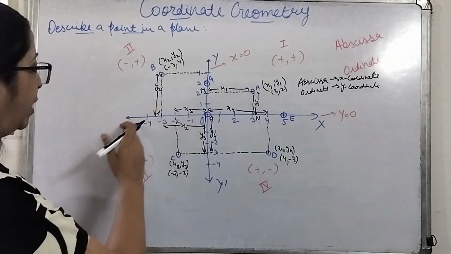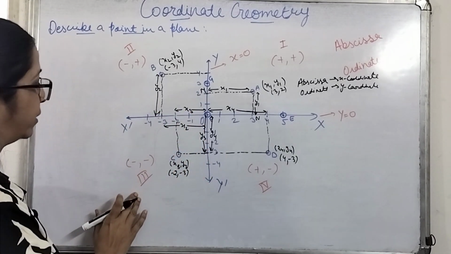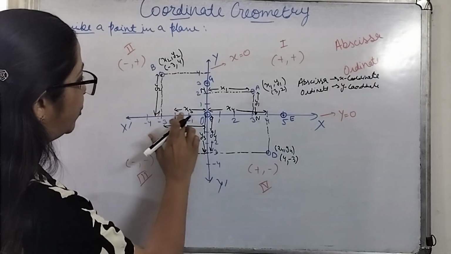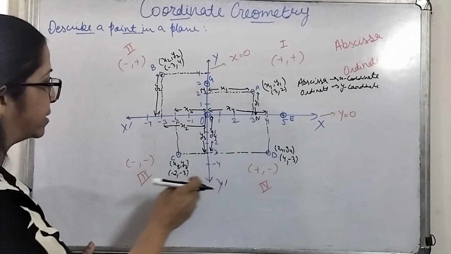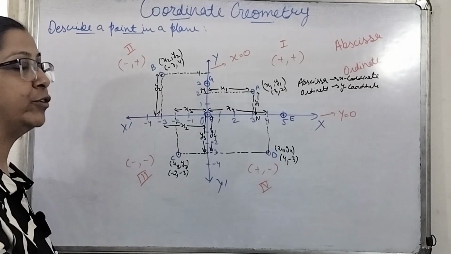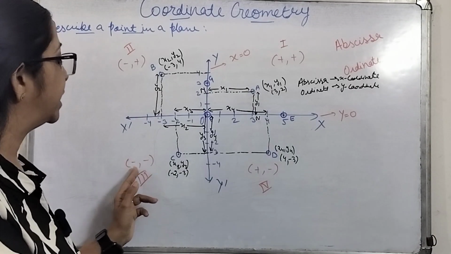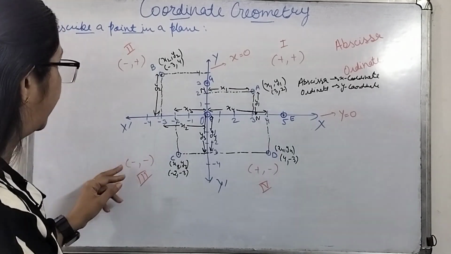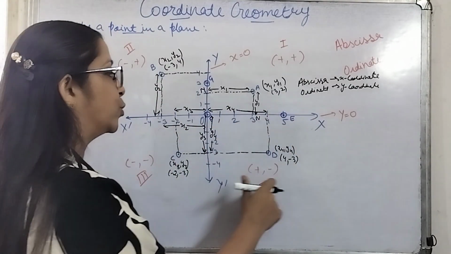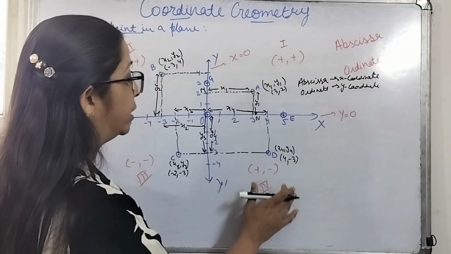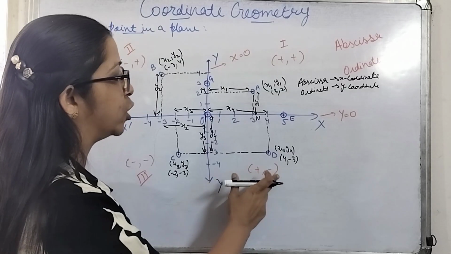So that simply means your abscissa will be a negative real number and your ordinate will be a positive real number. Now, the third quadrant lies between the negative x-axis and the negative y-axis. That's the reason its abscissa and ordinate both will be negative, both will be negative real numbers, right? Similarly, let's look at the fourth quadrant. Any point which lies in the fourth quadrant will be of the form (plus, comma, minus).